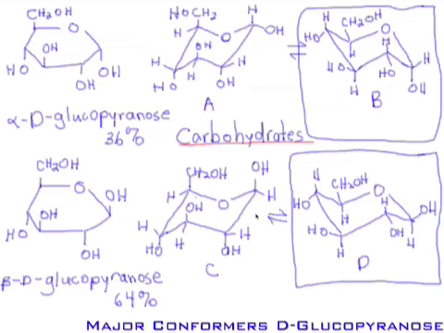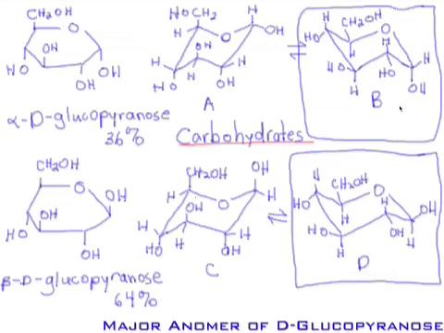We then repeated the process for beta D-Glucopyranose. When we drew both chair conformers and compared them, we found that structure D had more large groups in the equatorial position and hence was the more stable chair conformer. Then, in order to explain the percentage distribution, we compared chair conformer B to chair conformer D. We found that when you formed beta D-Glucopyranose, you could get to a chair conformer where all of the large substituents, all of the OHs and the CH2OH, were equatorial.